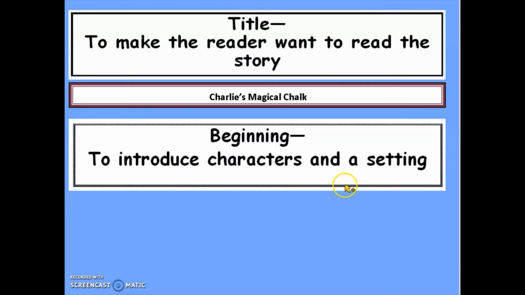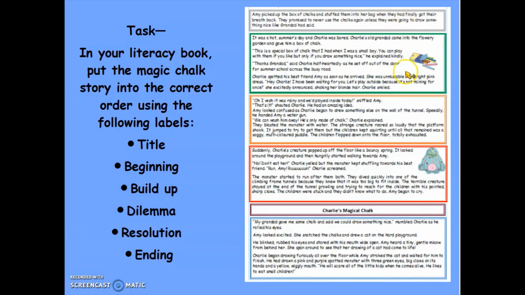And then you would look at the next one, beginning. This should be the section that introduces the characters and the setting. So you would look back through your story, read through the sections, and try to find the one that explains who the characters are and where the story is set.